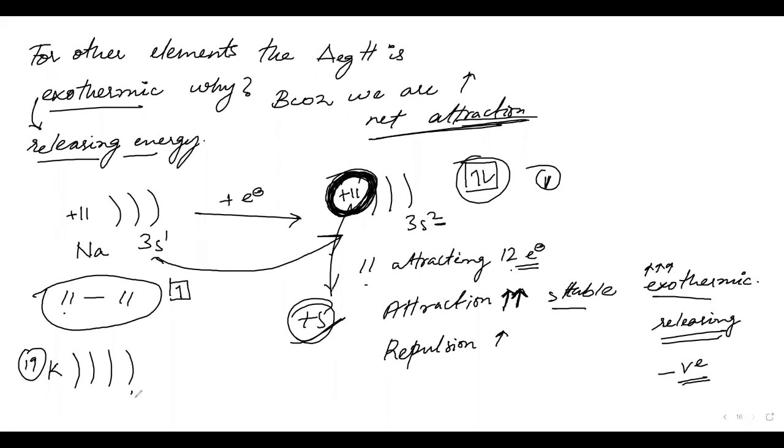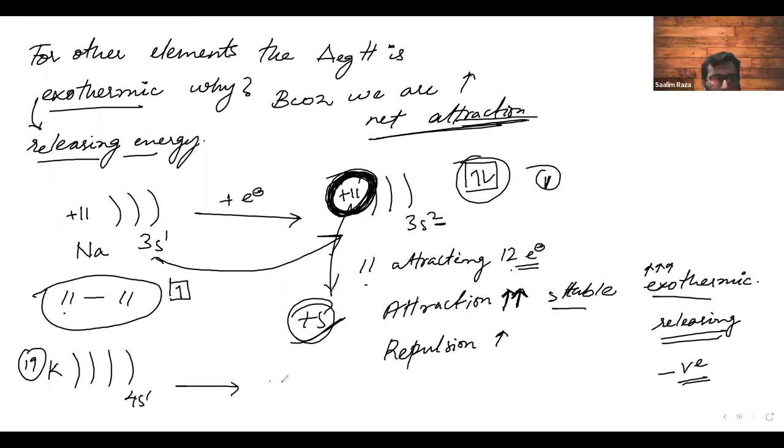The electron is in 4s1, and we will put 19 in 4s2. So even though from 11 to 19 the proton numbers have increased, the shell number will defeat the proton number because the distance matters, right?